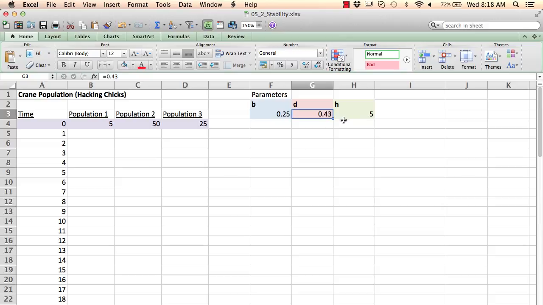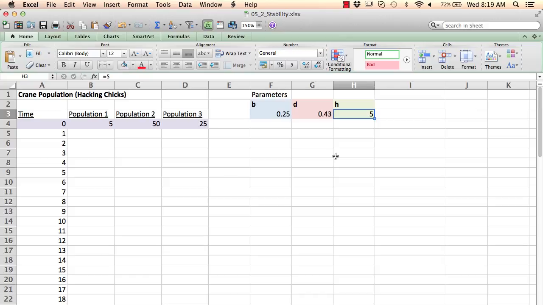And then there's this parameter h, which comes into play for the hacking part of the problem. As you can see, the birth rate is much lower than the death rate here, which means that this population is in danger. So hacking chicks is essentially just raising the chicks in captivity until they're of an age where their likelihood of survival is a little bit higher, and then releasing them back into the population.